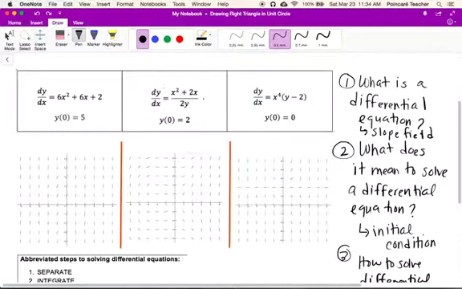That rule doesn't work for these two differential equations because we have x and y on the same side. For these two, we'll have to use another method called separation of variables. You also know another method, which is substitution.